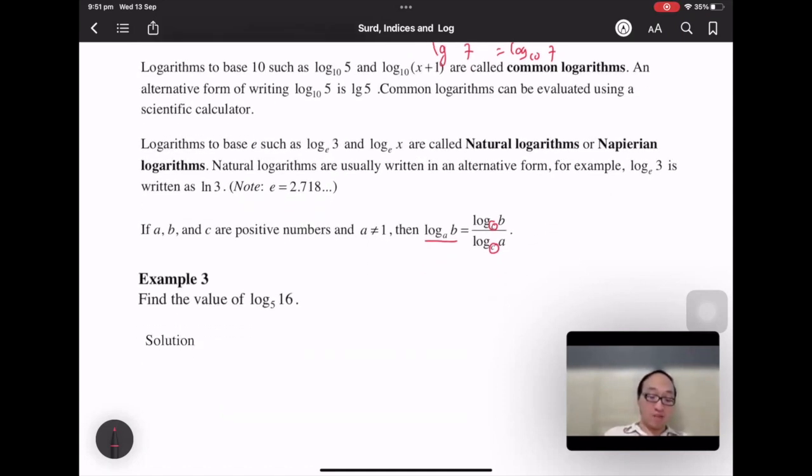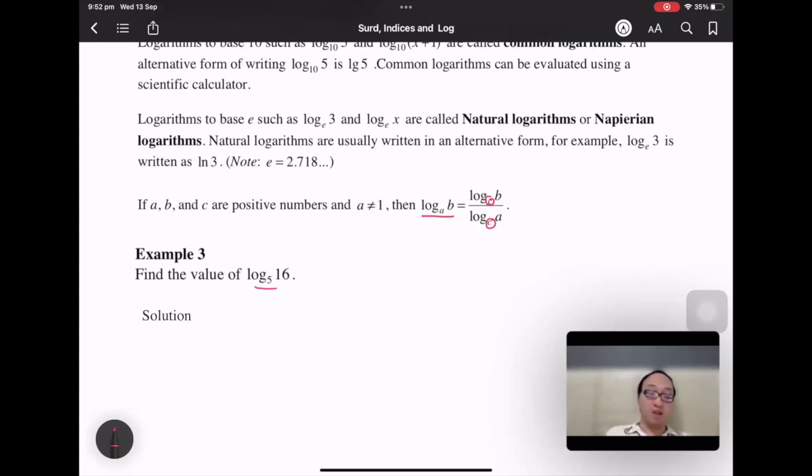For example, find the value of this. So we can change into the base of 10, for example, to solve it using a calculator. So I can change log base 5 of 16 into log to the base of 10 of 16 divided by log to the base of 10 of 5.